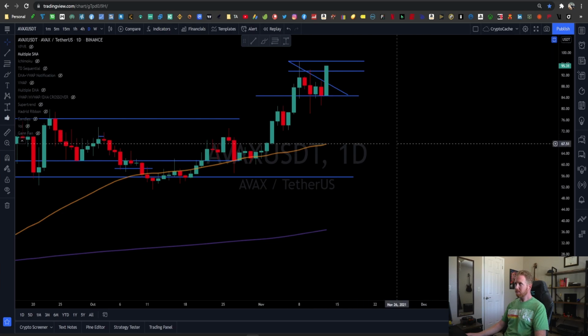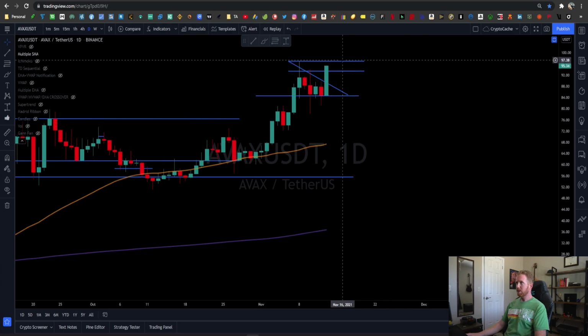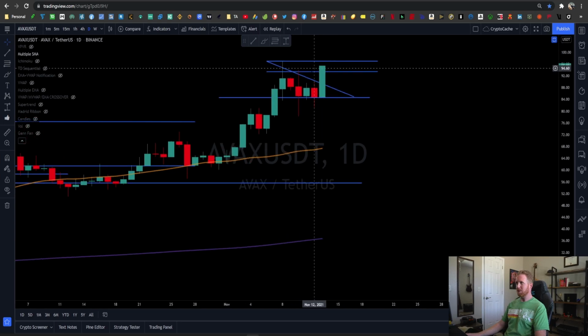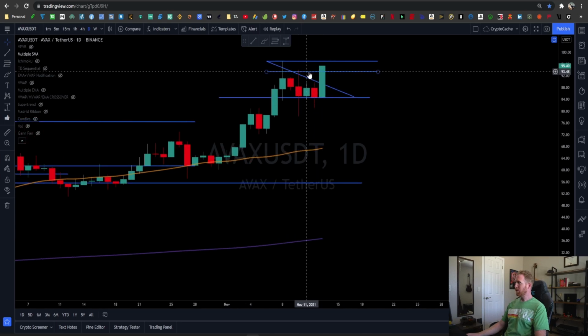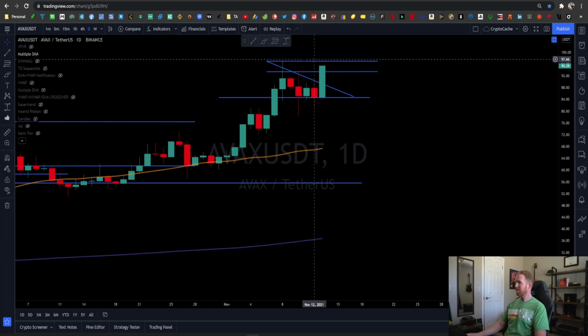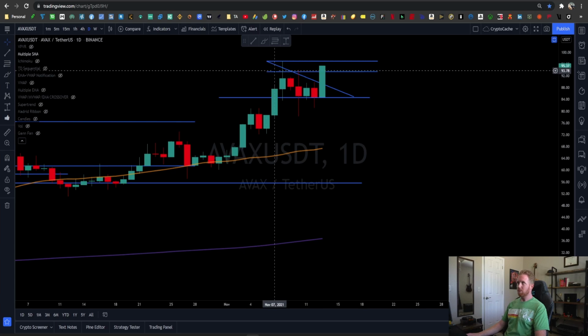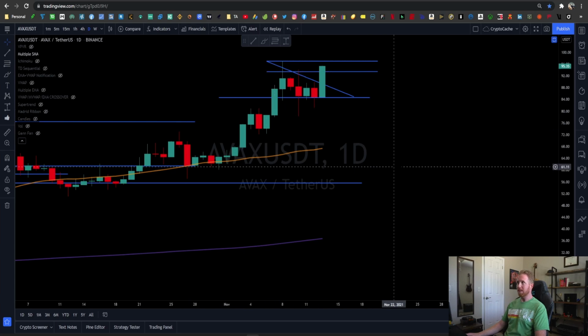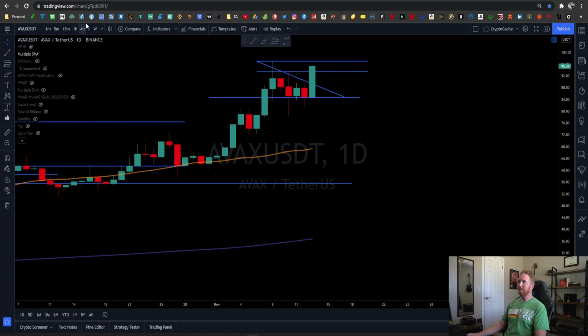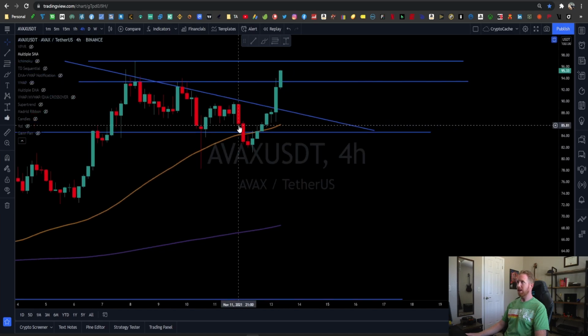But bottom line here is that we're still trying to break that resistance level, right about $97. The price looks to be right between the support and resistance channel between 93.50 and 97. Essentially, that is basically the highest point Avalanche has gotten, as well as right around here. This is the next closest support level. So all good things here for Avalanche. I like the way everything's working out here.